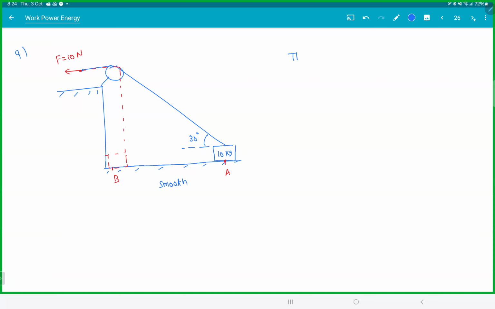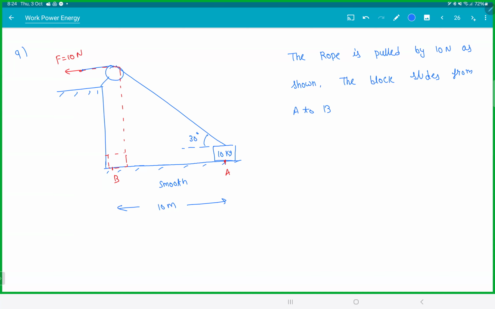The rope is pulled by 10 newtons as shown. The block slides from A to B and hits the wall. Find the work done by the force. This distance is 10 meter.